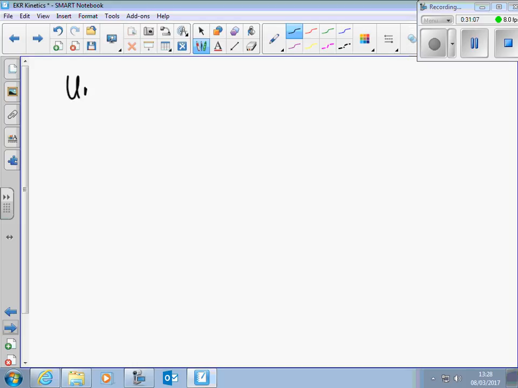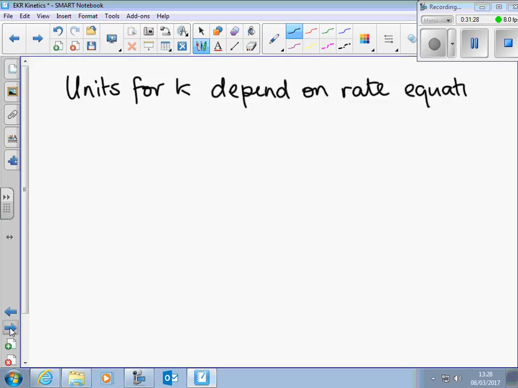Right, so units for K, the rate constant. They depend on the rate equation. This is where your understanding of indices is actually really important.